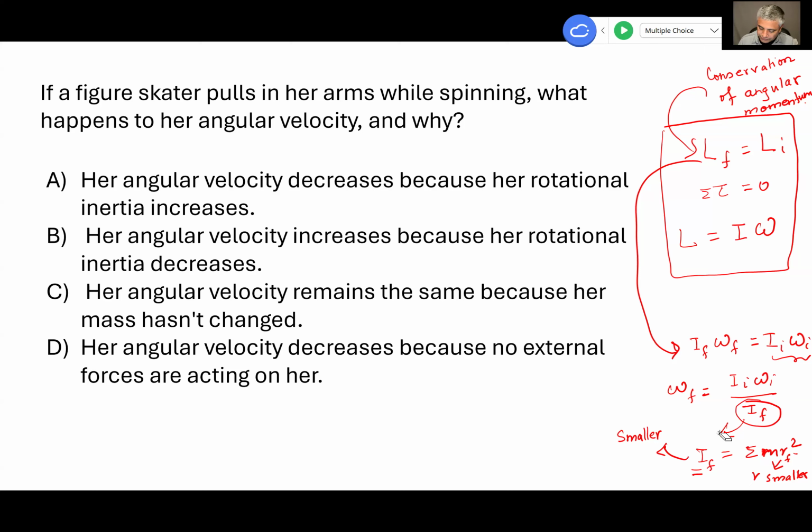So I final smaller means omega final is larger. So at the beginning, when rotational inertia initial was larger, angular spin was smaller. So that is the essence of conservation of angular momentum. And if you need, write this down. You will be using this in the next slide to compute the problem.